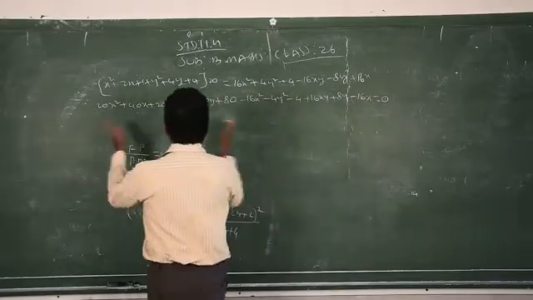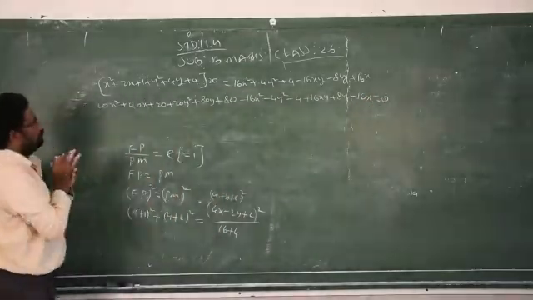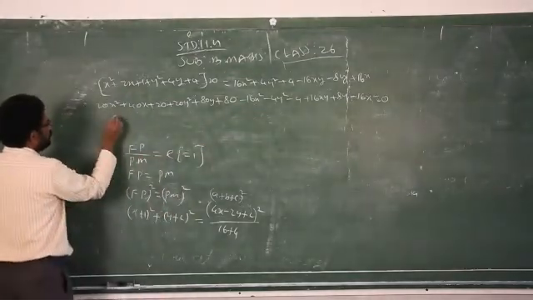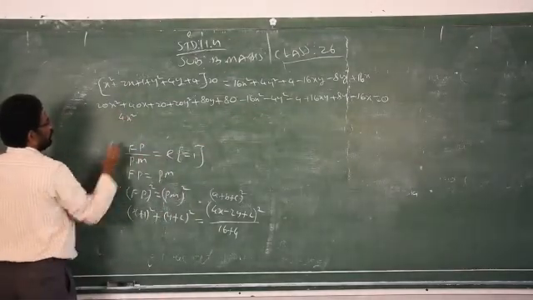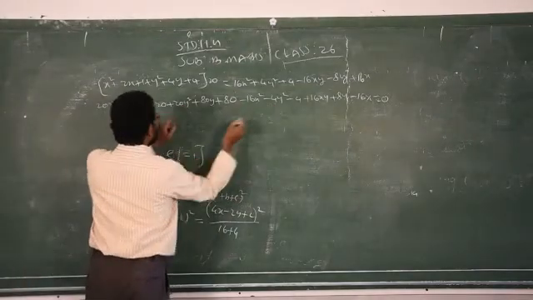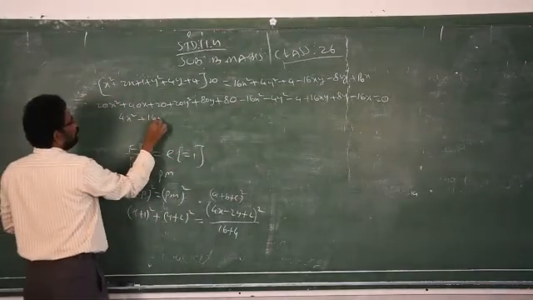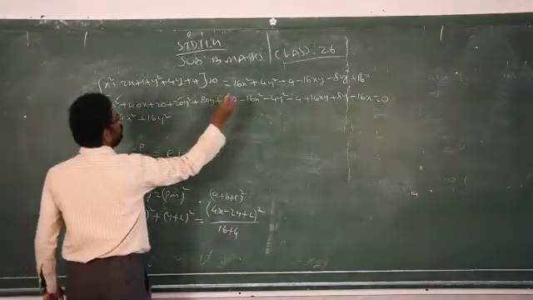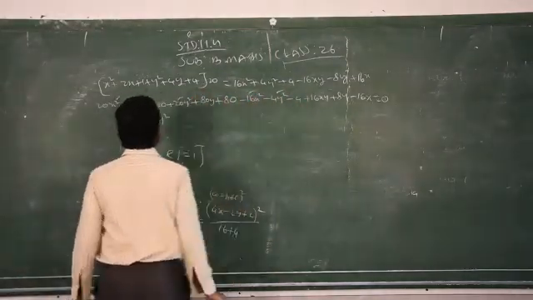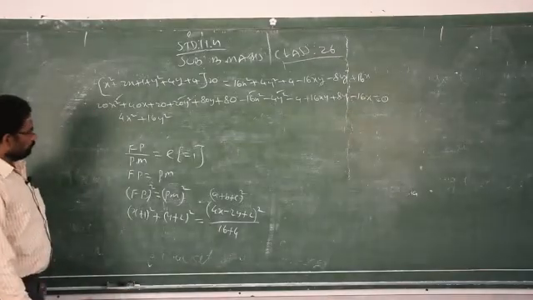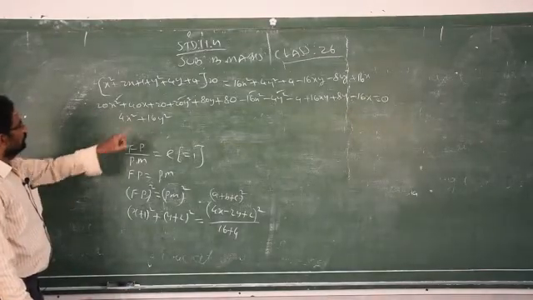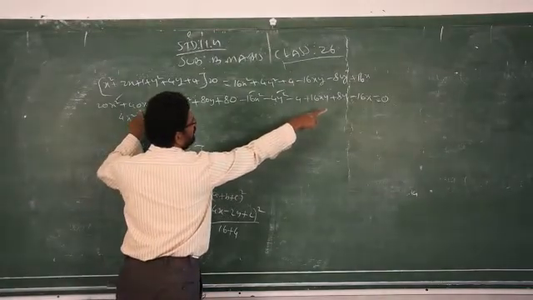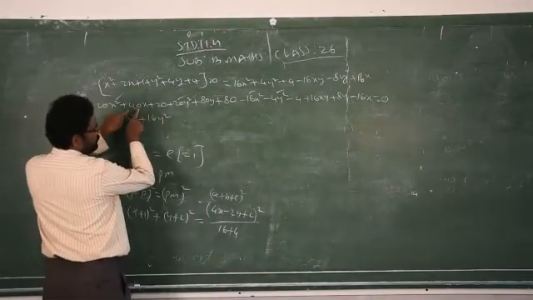Now you have to simplify the like terms. 20x square minus 16x square. So what will be the answer? 4x square. 20y square minus this one plus 16y square. Clear? So this is over. The next one, x: minus 16x, here 40x plus 40.